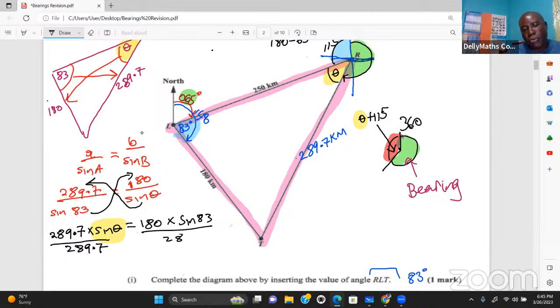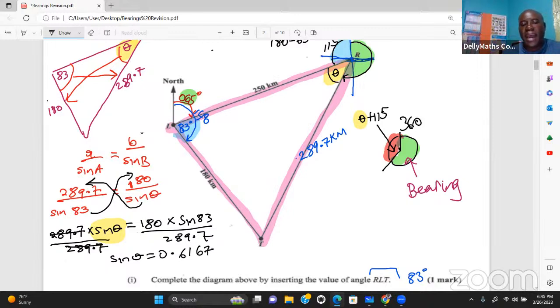And we're almost there. We're not there, but we're almost there. So let's take a look. So the sine of the angle is going to be this value, 180 times the sine, make sure you're touching the right things, the sine of 83, and you're going to divide that by 289.7. So I'm getting 0.6167.